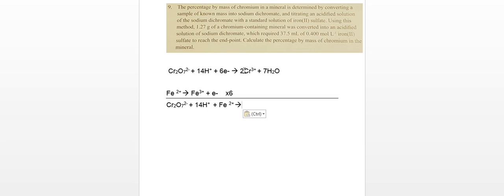What we find is that it produces this side of the equation and this side of the equation. I better put the plus. Now remember that we scaled this side by 6, so we're going to have to put 6 of those in, and that means that 6 of those are together, and now we have a fully balanced redox equation which shows us what's going on there.